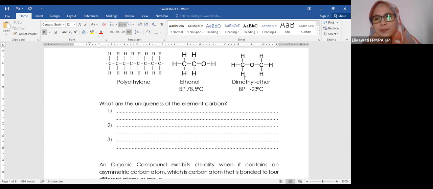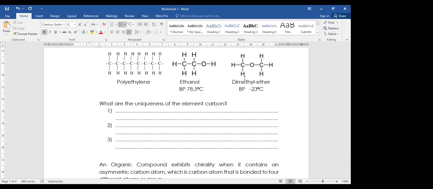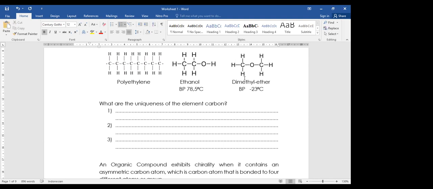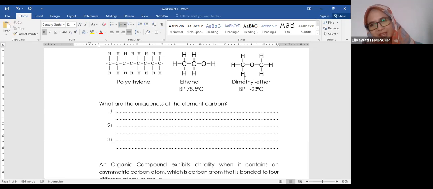What is the term in chemistry? Isomer. Yeah, good. So the third characteristic is it can form isomer.